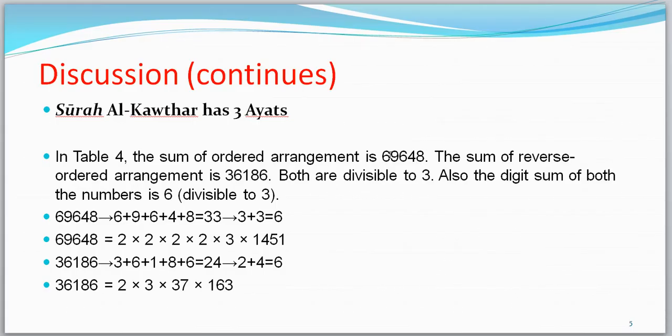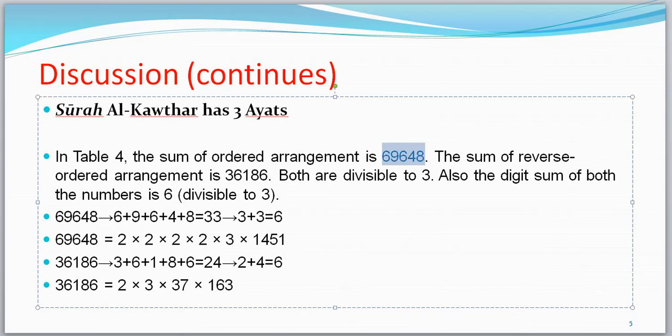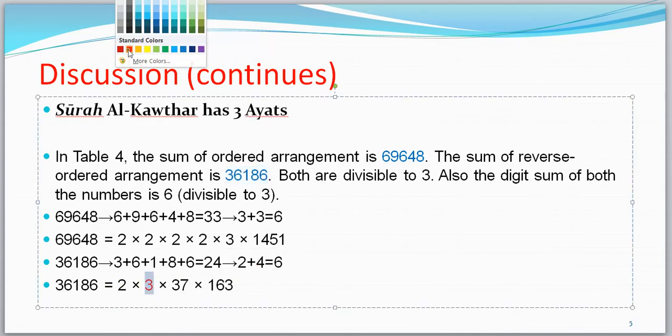So these are the two numbers. And interestingly, both are actually divisible by the number 3. Here we see that the multiplier numbers are shown. So in both cases, both numbers are divisible by 3.